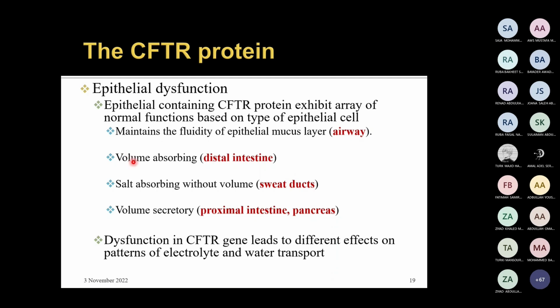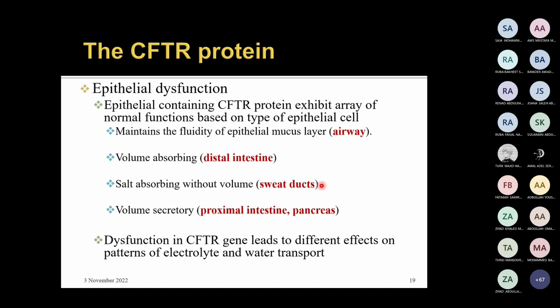In the distal intestines, it functions in a different way, towards absorbing the water and the nutrient content from the lumen of the intestine into the intestinal mucosal cells. In the sweat ducts, it functions to absorb the salt without absorbing the volume, meaning that I don't want a lot of sodium excreted in the sweat, because the person will be at risk of hyponatremia, meaning low sodium in the body.